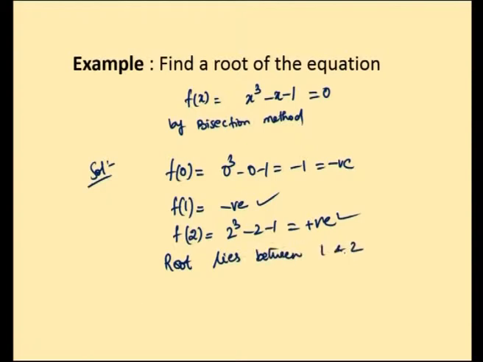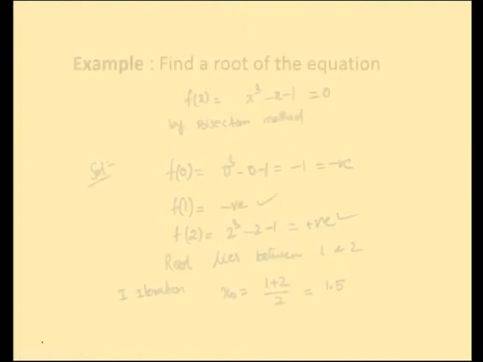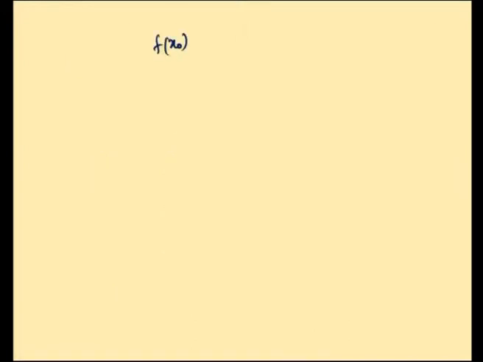1 and 2. So, our initial iteration is x0 is equal to 1 plus 2 divided by 2. You have to bisect the values. 1 plus 2 divided by 2 is 1.5. Now, find out f of x0, which is equal to f of 1.5. f of 1.5 is 1.5 cube minus 1.5 minus 1, and this is equal to 7 divided by 8, which is positive.